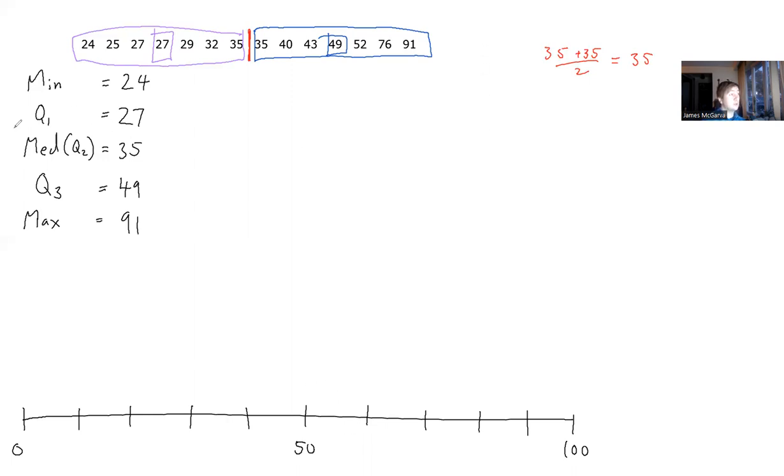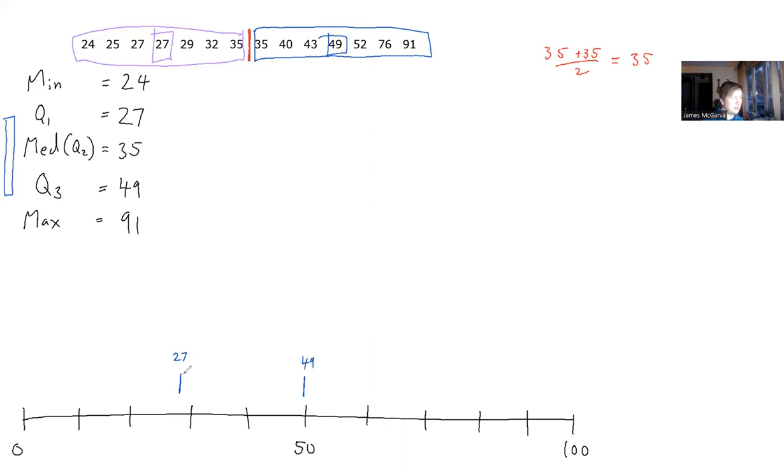The box goes from Q1 to Q3. Right, so from 27 to 49. So 10, 20, 27 is going to be around here. And I'm going to label this so that the person marking it knows what I'm doing. Right, so that's the bottom of my box, and the top of my box is going to be up at 49. Okay, so it's going to be like right here.